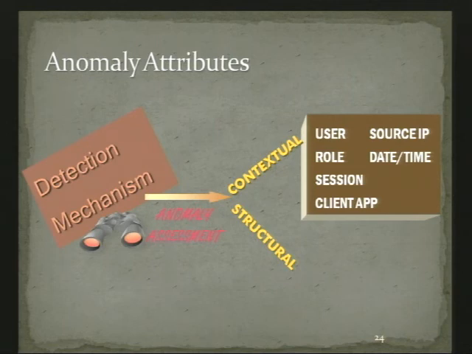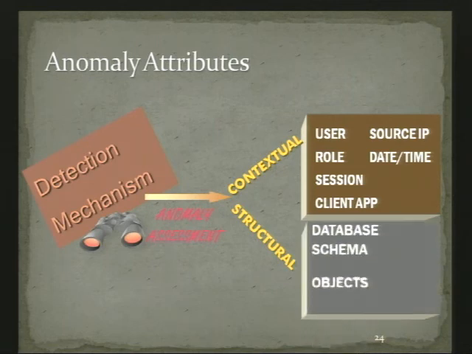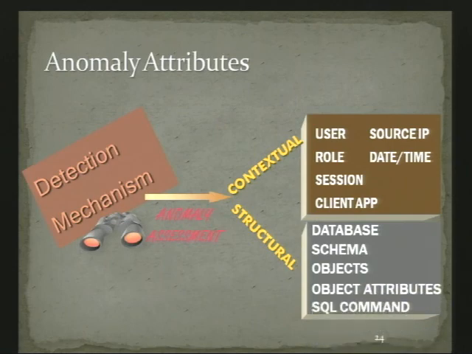The structural attributes describe the actual structure of the request: which database it is accessing, which schema, what the objects are, like tables, views, stored procedures, what the request is doing, and the attributes, which will differ depending upon the objects accessed, and then what SQL command was used in the request. So these anomaly attributes act like an interface between the detection mechanism and the response mechanism.